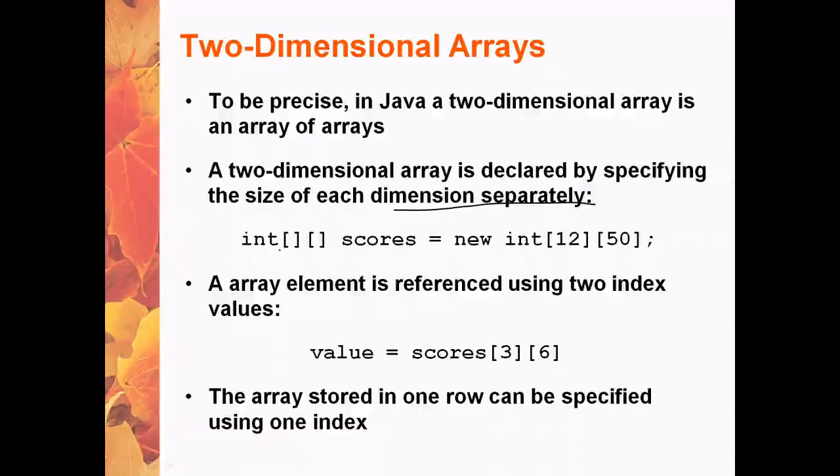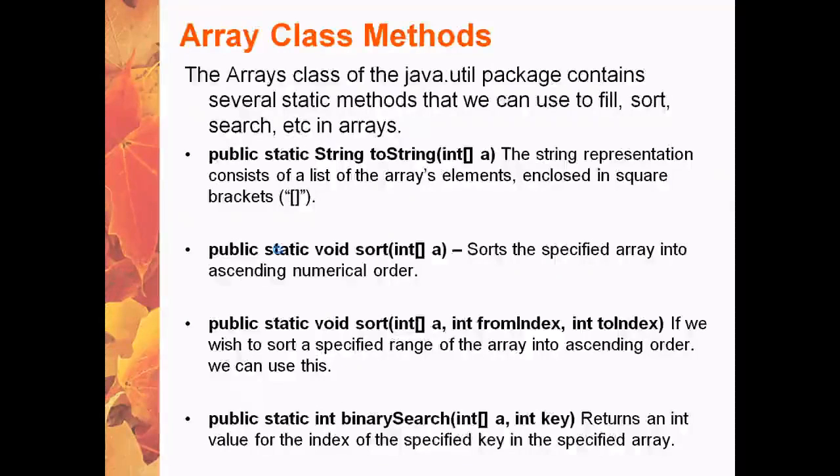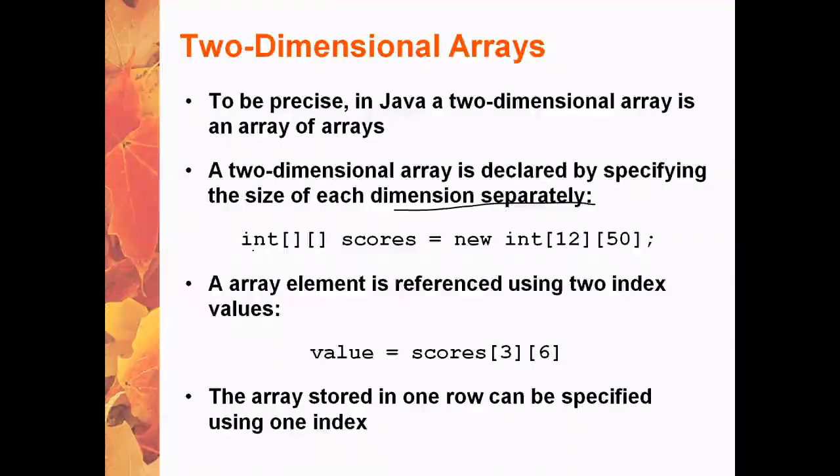Here you can see the declaration. We have int, and these are the subscripts. So we have two subscripts for a two-dimensional array. The first subscript represents the rows and the second represents the columns.